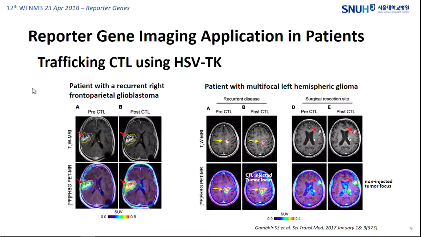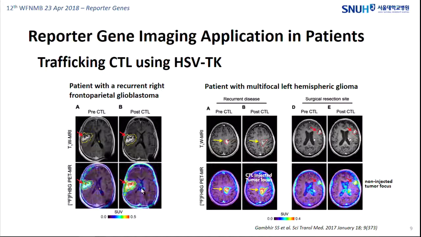And here is the result, and they showed two patients. Actually, this patient has a frontoparietal glioma, and before and after the CTL treatment, they can visualize clearly with the FHBG PET and MR.